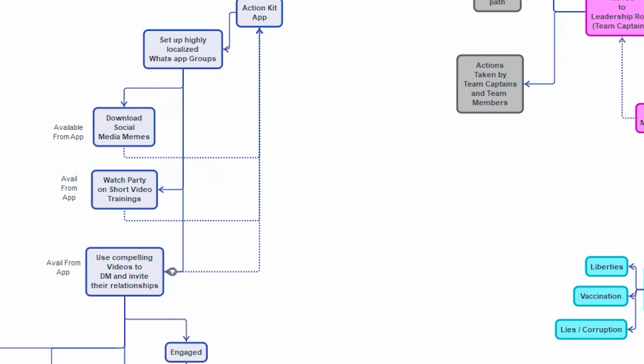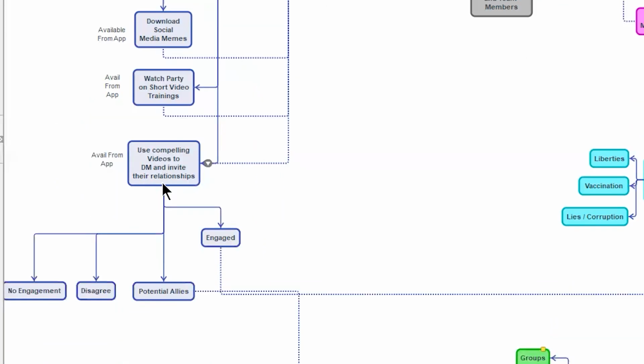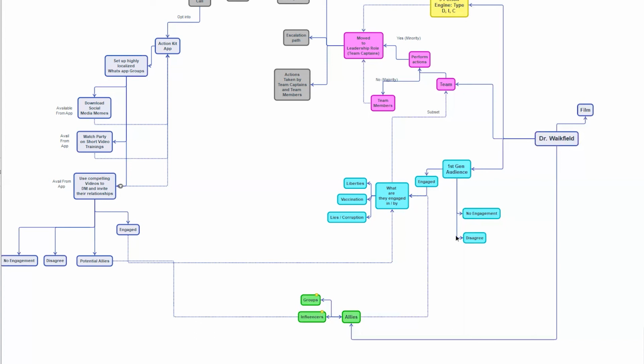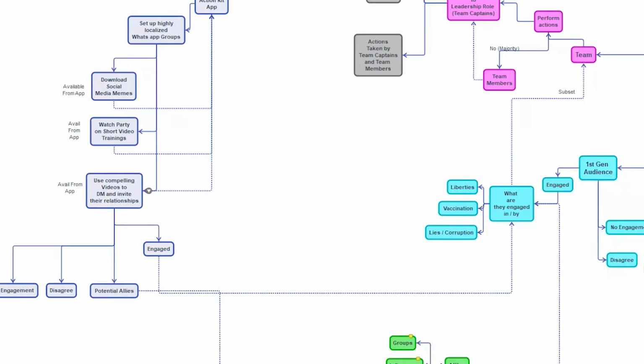With that said, when people begin to spread the word into their circles of influence, they will have people that don't engage, that disagree, that are potential allies, and that are engaged. You may remember seeing the same breakdown here. The only difference is this gray circle is now the second generation. What I mean by that is the first time we talked about people who are engaged, not engaged, or disagree, we called that first generation because these people were known to the organization.